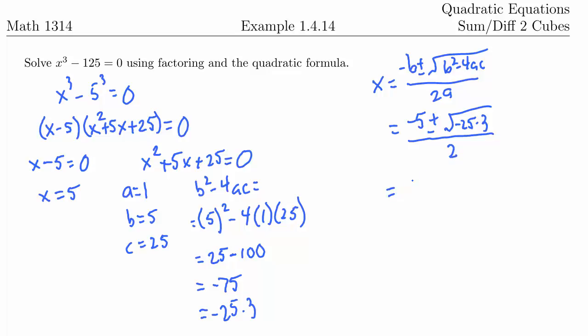So that gives me negative 5 plus or minus the square root of negative 25 is 5i, and I'm left with 3 inside the radical, all over 2.